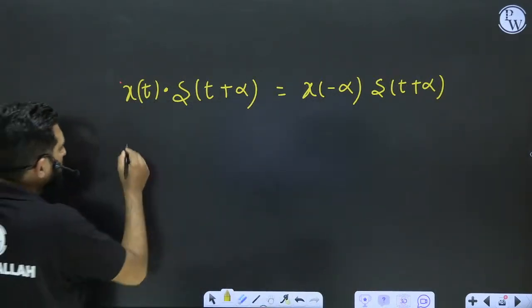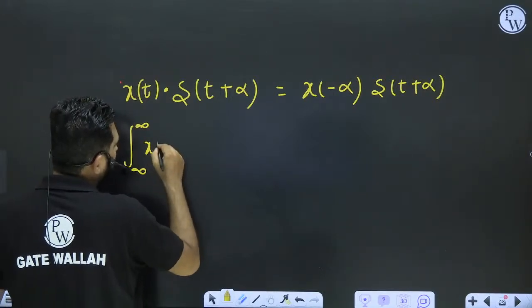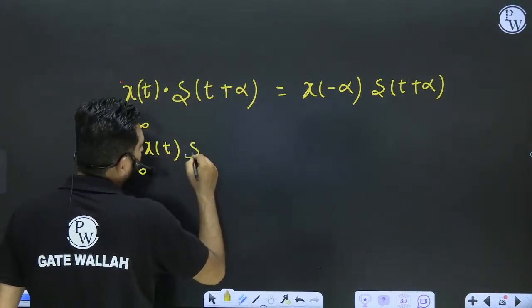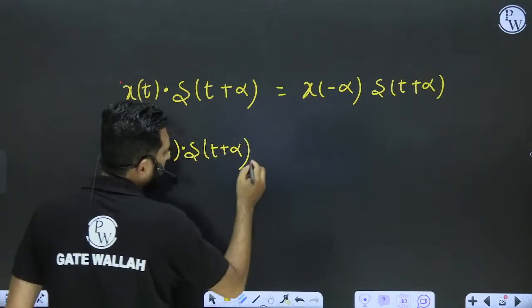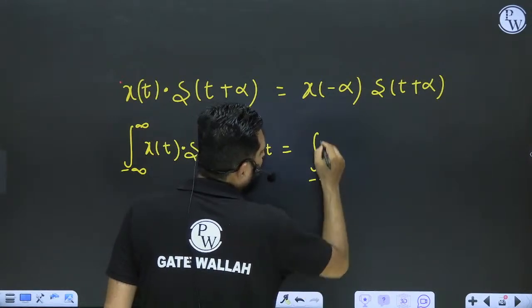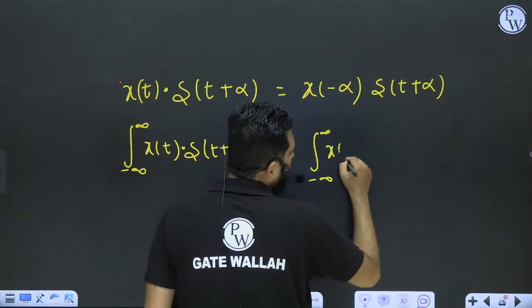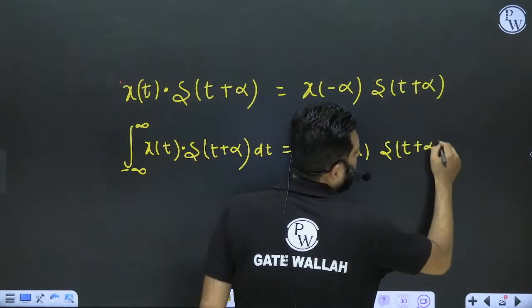Suppose someone asks you what is the area under the curve of this function. Taking the area of x of t delta t plus alpha dt, from minus infinity to infinity, I will get x of minus alpha delta t plus alpha dt.